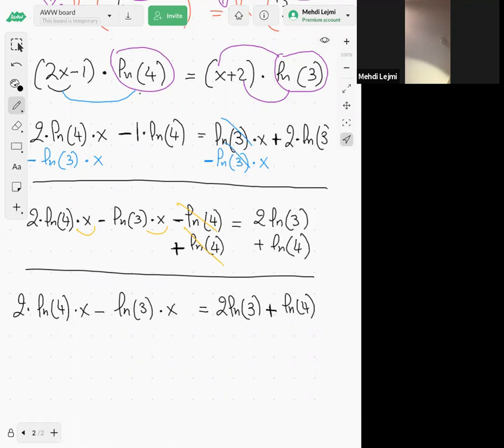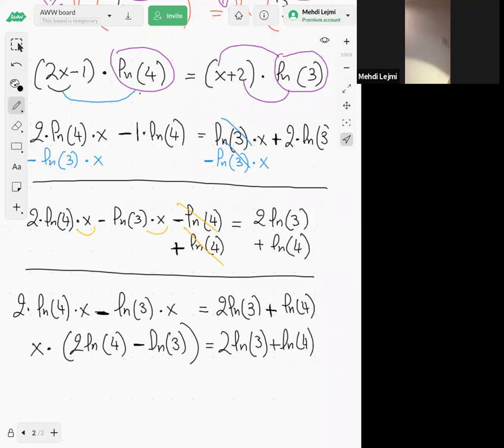Now, on the left side, I can factor out x. It's a common factor. Factor out x, so it's x times 2 natural log of 4 minus the natural log of 3. And the right side, it's 2 natural log of 3 plus natural log of 4.